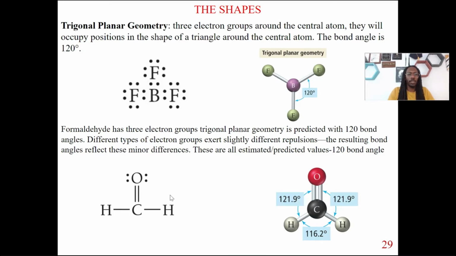In reality, these are the angles: 121.9, 121.9, and then the hydrogens in this case are a little bit closer at 116. Like I said, very close to 120. For the most part it works, but it's possible to have slight differences in the angles. Once again, these are predicted values, and we can see that it's still spot on at 120.